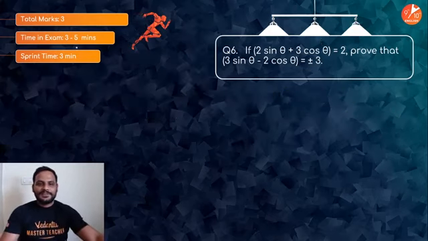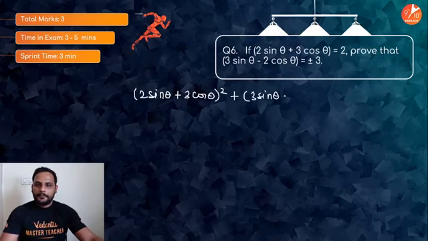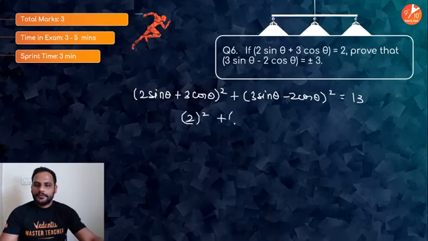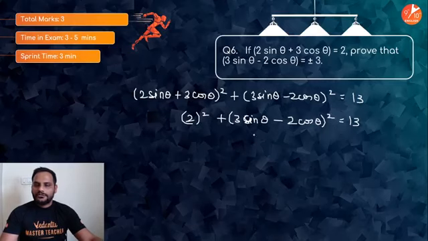Bas, done the question. Okay, so we have just solved: 2 sine theta plus 3 cos theta whole square plus 3 sine theta minus 2 cos theta whole square is equal to 13. I know 2 sine theta plus 3 cos theta is 2. So 2 square plus 3 sine theta minus 2 cos theta whole square is 13. 2 square is 4, shift 4 over there.